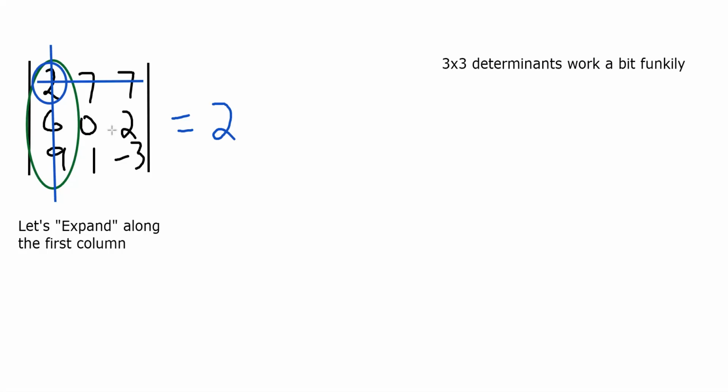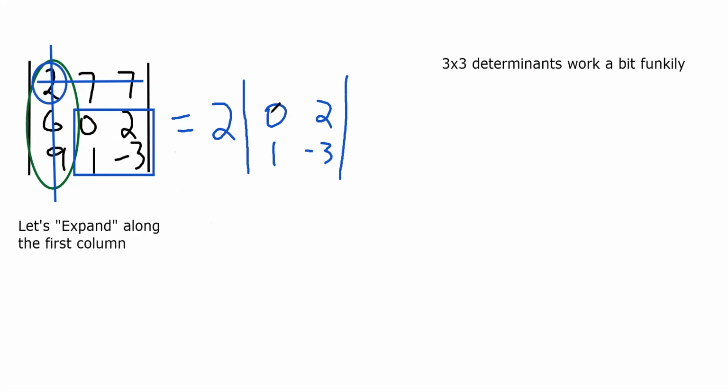And then the leftover business here, the 0, 2, 1, -3 that wasn't deleted, that itself forms like a little 2x2 matrix. And so what I do is I take the 2 and I multiply by the determinant of that little leftover matrix, the little matrix that could.